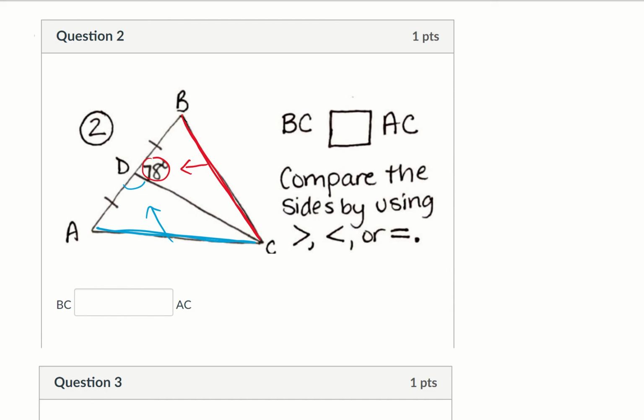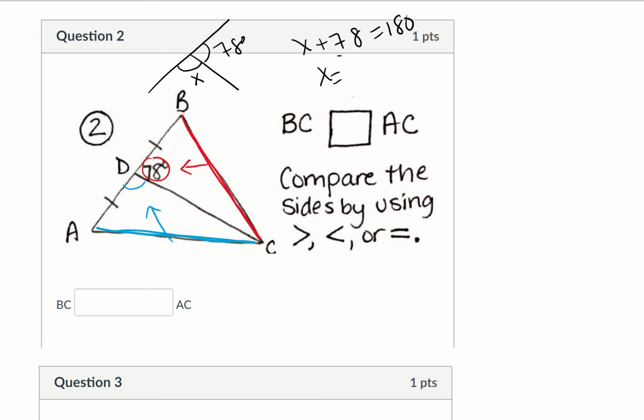However, it's pretty easy to find that angle because we know that if you have a straight line and part of the angle is, say, 78, like it is here, then you can figure out this other angle because these two angles have to add up to 180. Okay, so we have x plus 78 equals 180, and these are supplementary angles.